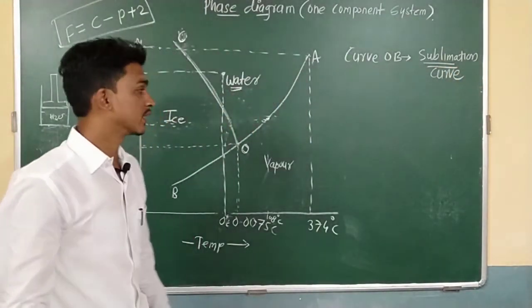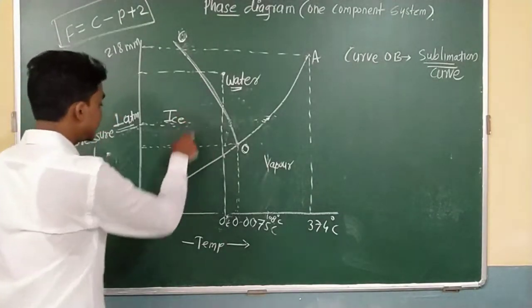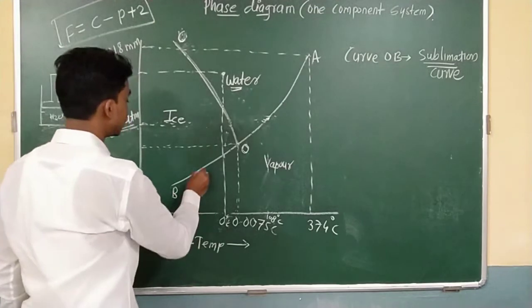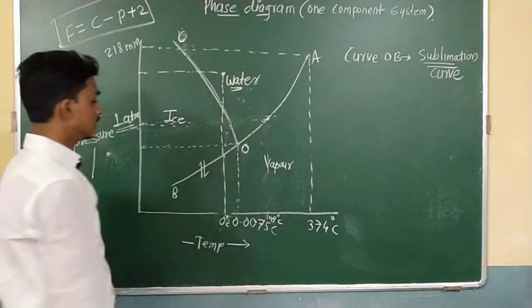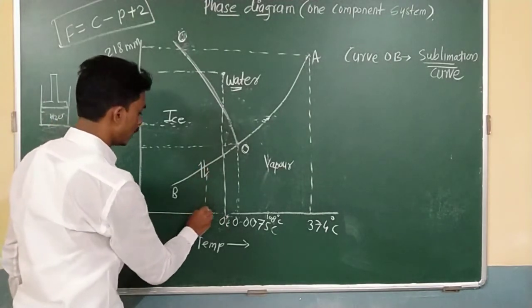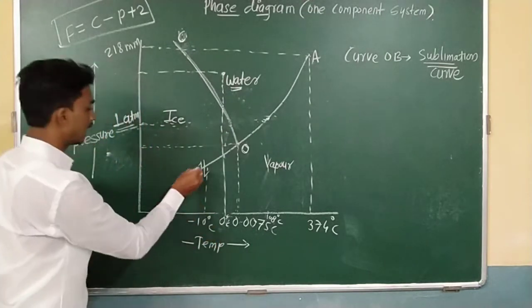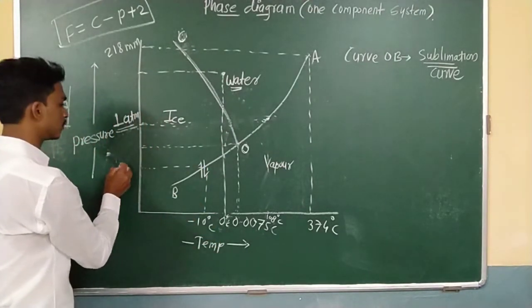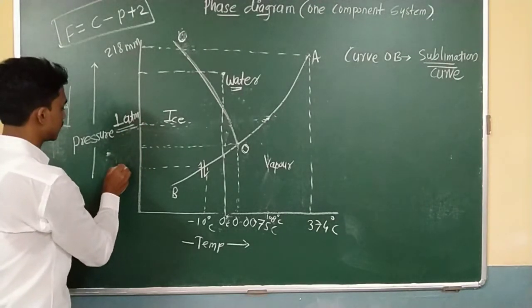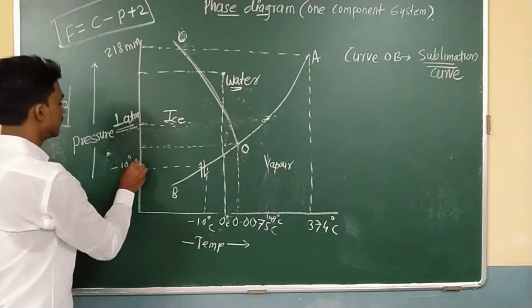But if, suppose, ice is directly converted into the vapor state, that curve is known as a sublimation curve, and that happens when we are decreasing the pressure and decreasing the temperature. At this point, suppose I decrease the temperature up to minus 10 degrees Celsius, and the pressure decreases from 1 atmosphere to, let's say, minus 10 atmosphere.